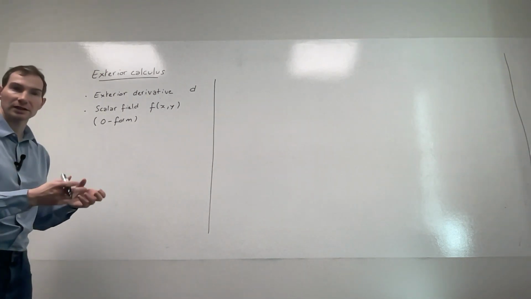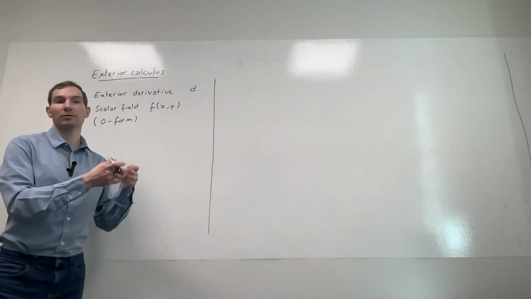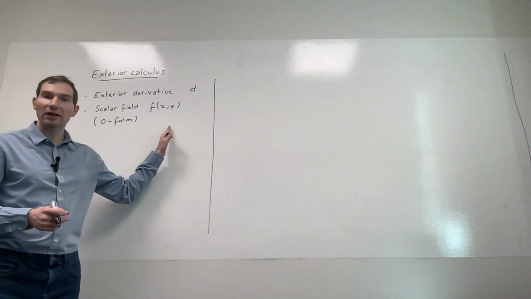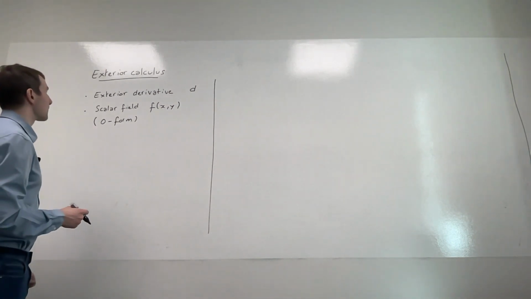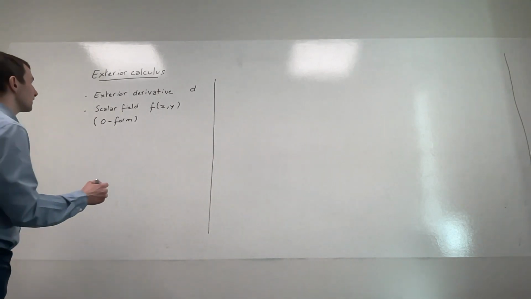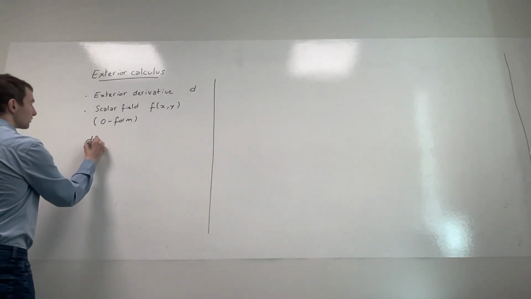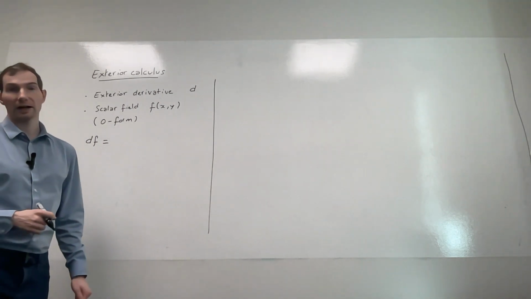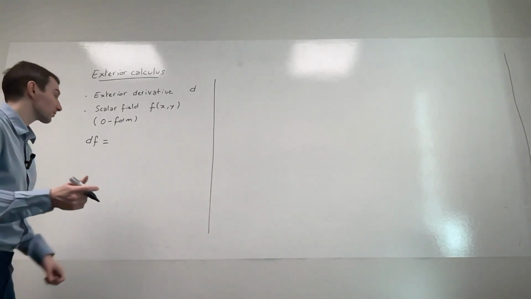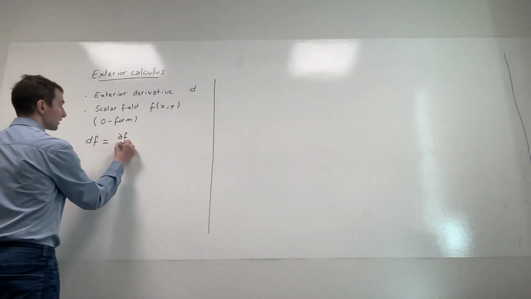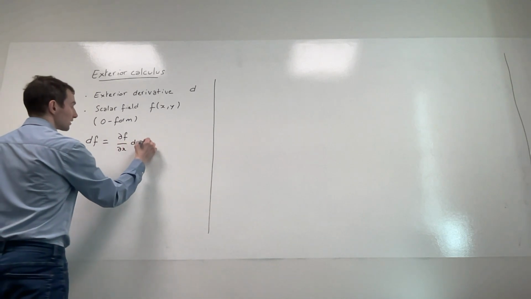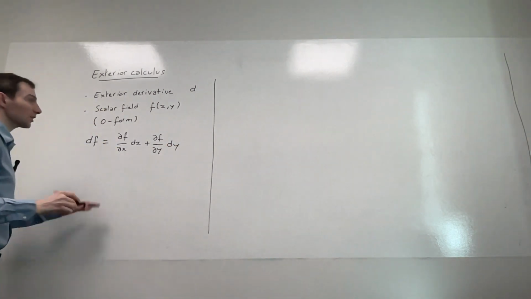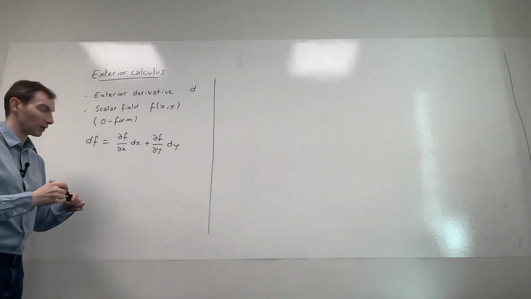Then usually the entities themselves are called differential forms, but it's not particularly necessary at this stage. So for a scalar field f of x, y, you define df the way you would define a traditional total differential: df equals df dx dx plus df dy dy. Nothing more.